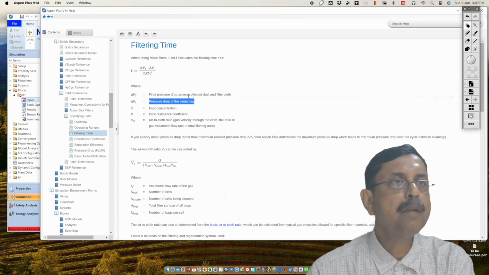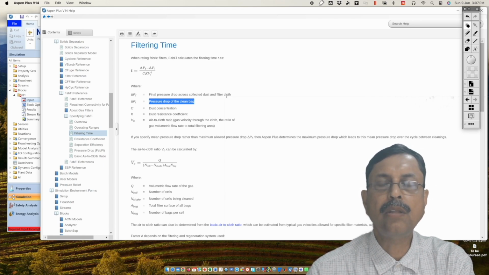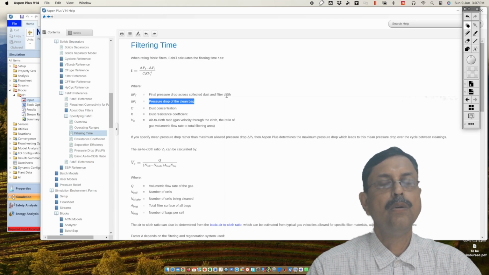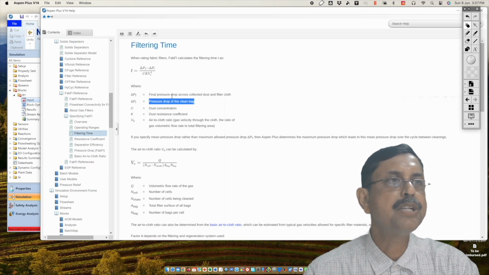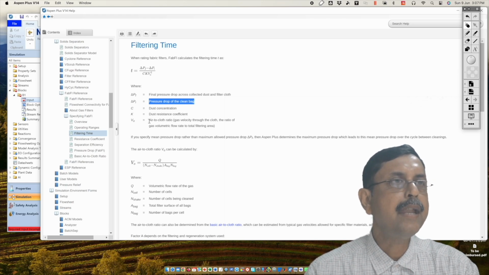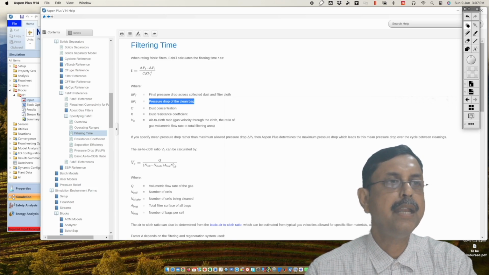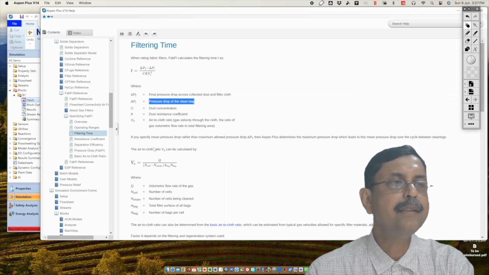So the final pressure drop across the collected dust and filter cloth, that means when the filter cloth is covered by the dust, is the final pressure drop minus the initial pressure drop, divided by the dust concentration, the dust resistance coefficient, and V0 square, where V0 is the air to cloth ratio, that is the gas velocity through the cloth, the ratio of gas volumetric flow rate by the total filtration area.